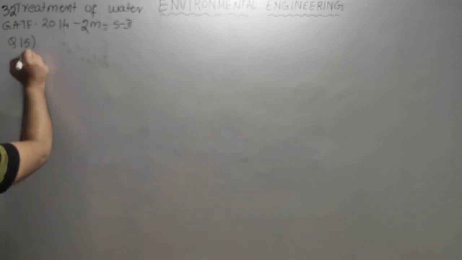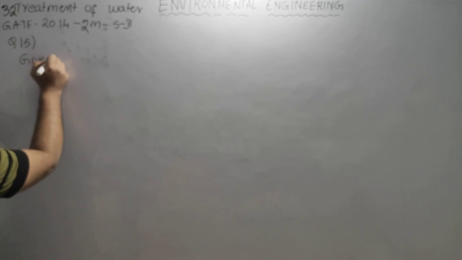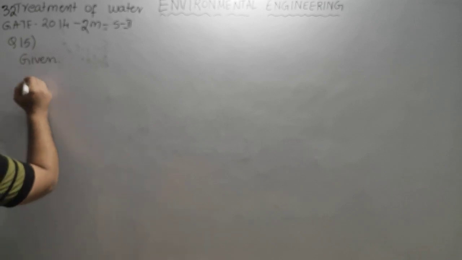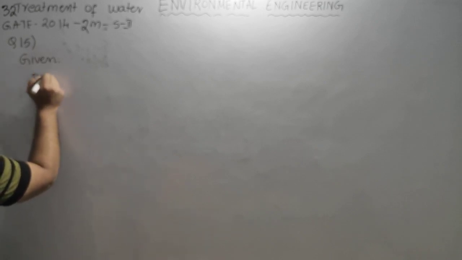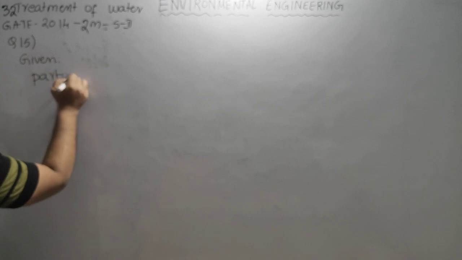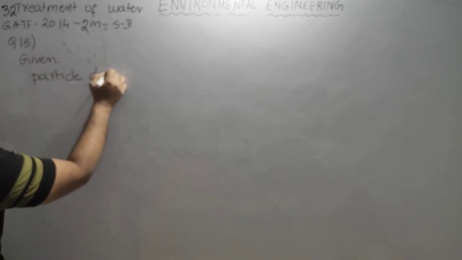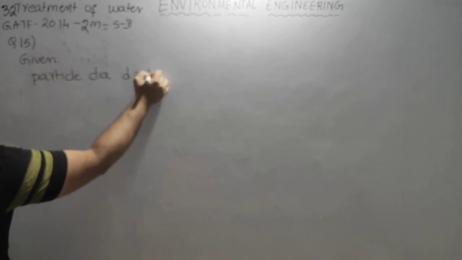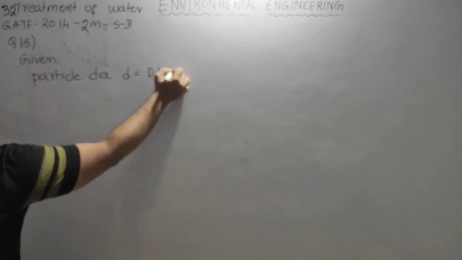Okay, let us extract the data required for us. So the given data: a suspension of sand with particles of diameter d is given as 0.10 mm.